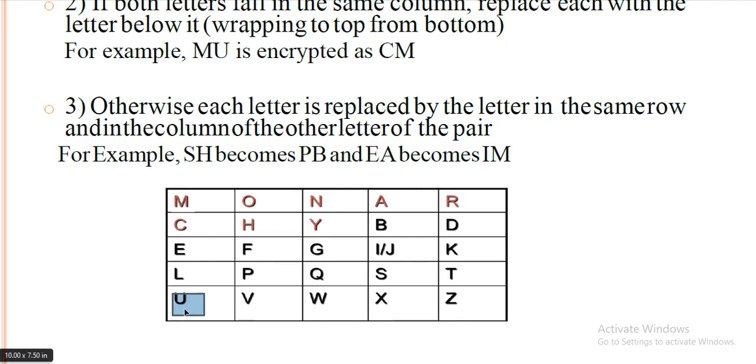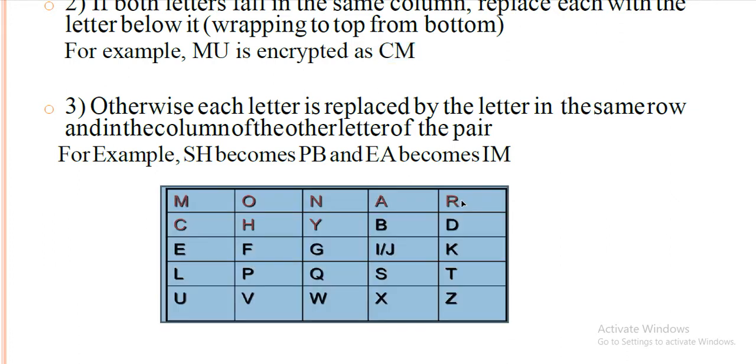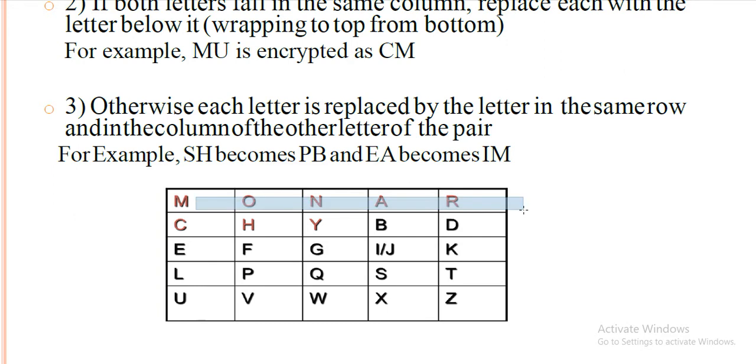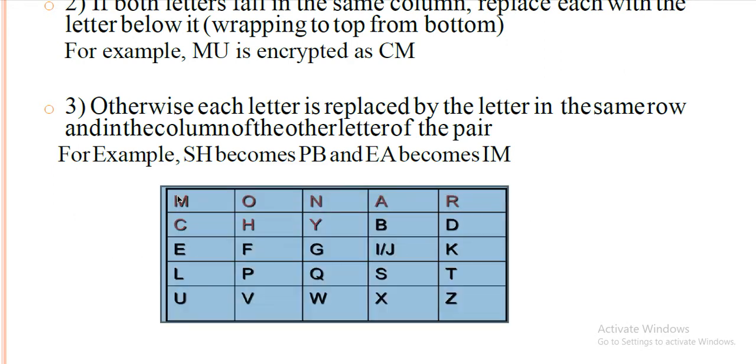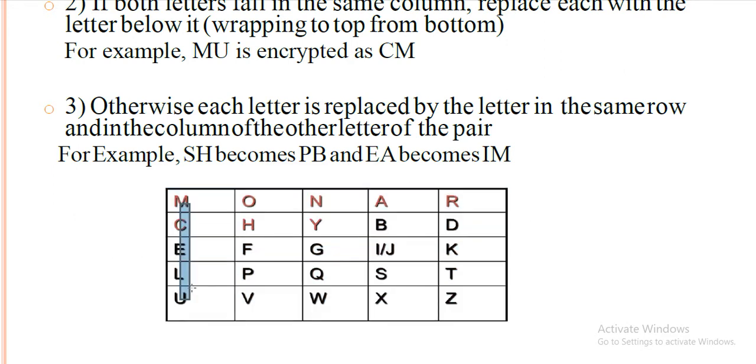If we shift U, then it goes over here, right? So it becomes M. So U is replaced by M. So M is replaced by C and U is replaced by M. So we get another pair, C and M. That is written down over here. Get it? Whatever concept we apply for the same row, the same concept we apply if we have a pair in the same column.